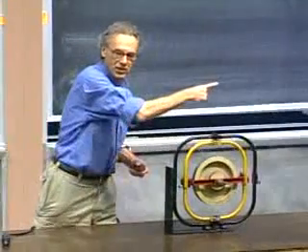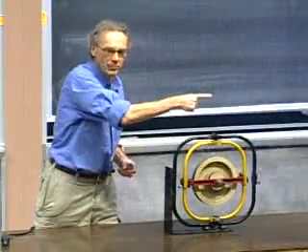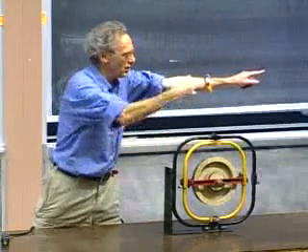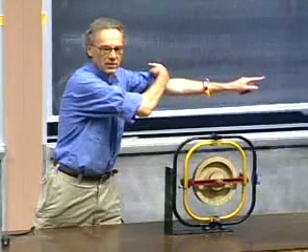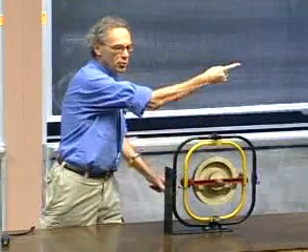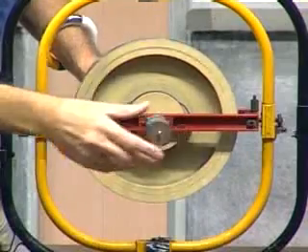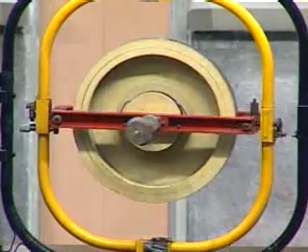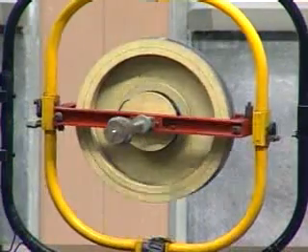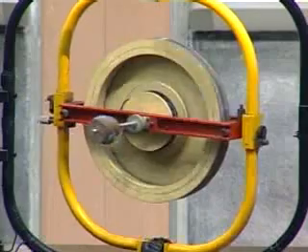Torque will be in this direction. What will the spin angular momentum do? Torque is in this direction, spin angular momentum is in this direction. Spin angular momentum will start to chase the torque. Watch it. There it goes. The spin angular momentum is chasing the torque.